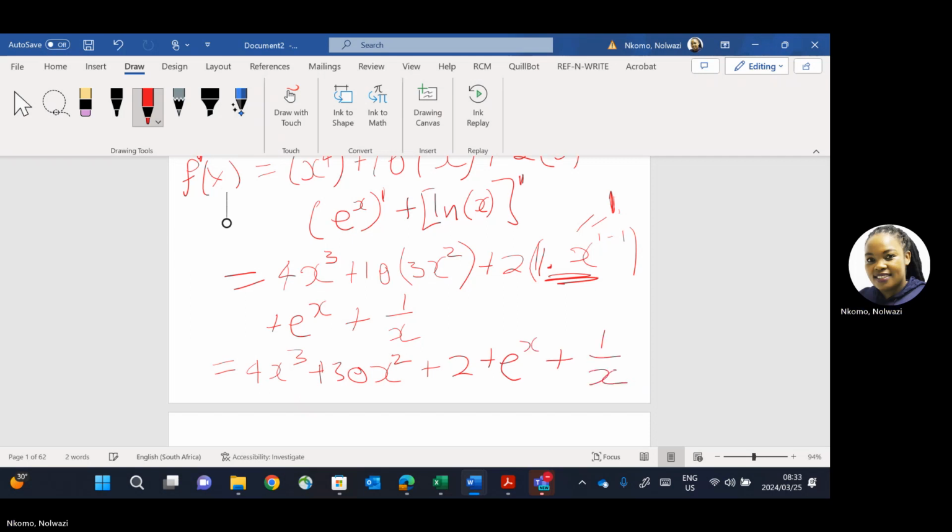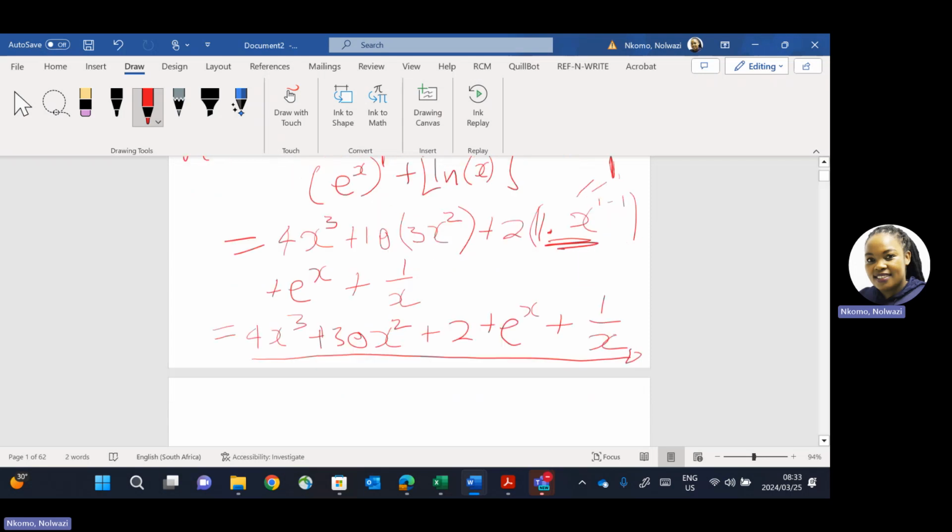over x. Okay, you see, from here, we cannot simplify it further. So this is your first order derivative. But remember, we're not asked to find the first order derivative. We're asked to find the fourth order. So the next step is to find the second derivative. And we'll find the second derivative by differentiating this answer.